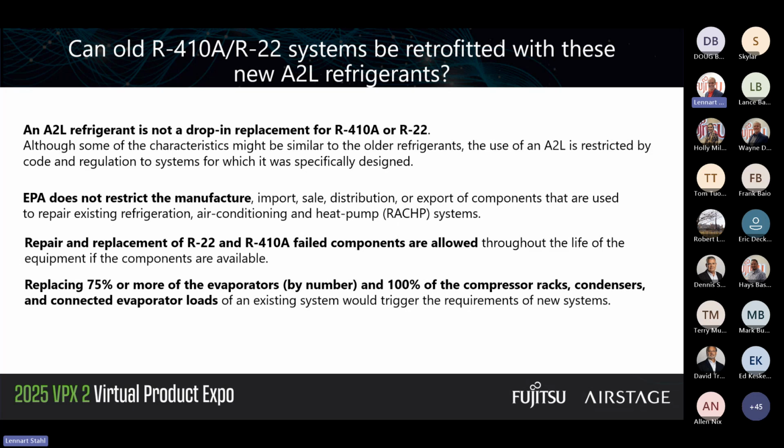But the EPA says that for older systems, you can still continue to manufacture components that need to be used for maintaining existing systems to the end of the lifetime of that system. At the bottom, you can see how they define a new or an old system also. If 75% or more of the evaporators, then it's a new system, or 100% of the compressor racks, then it's considered a new system.